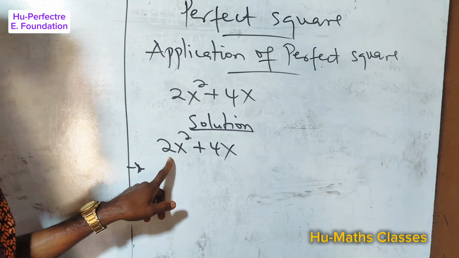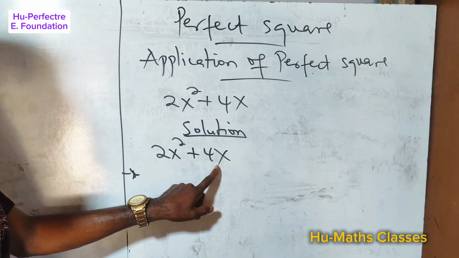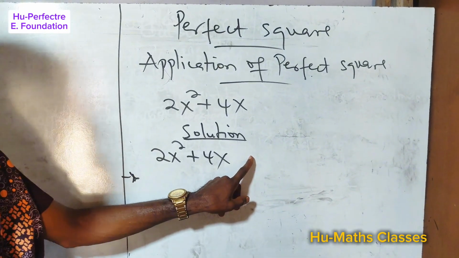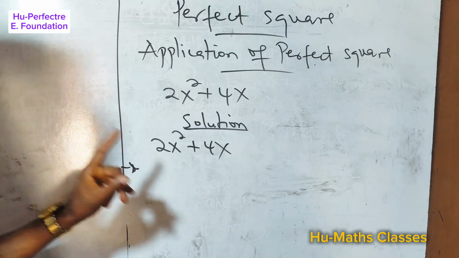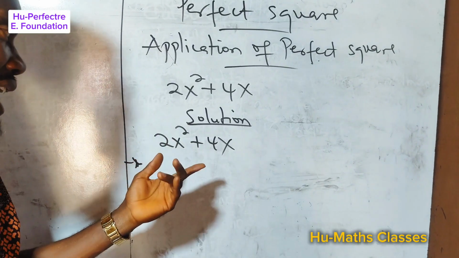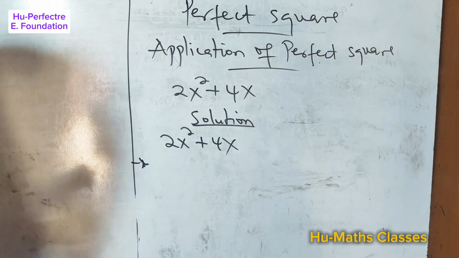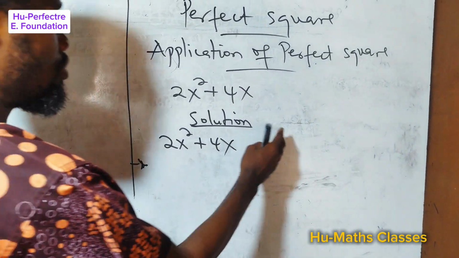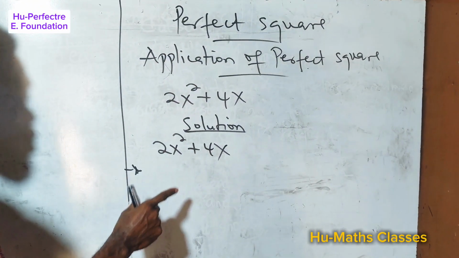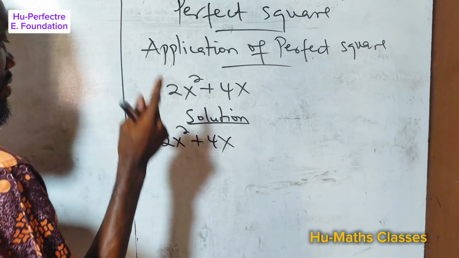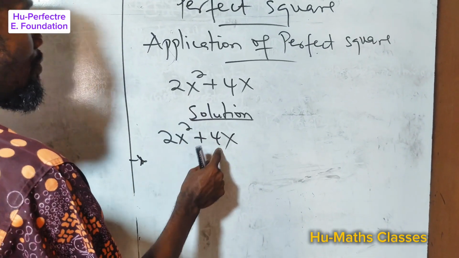This is our second variable. If there's any number attached, that will become our third variable. Your second variable is the one that has power 1. There's a power 1 here, but it is not shown. Then we have the constant. But in this expression, we only have two terms, 2x to the power 2 and 4x.